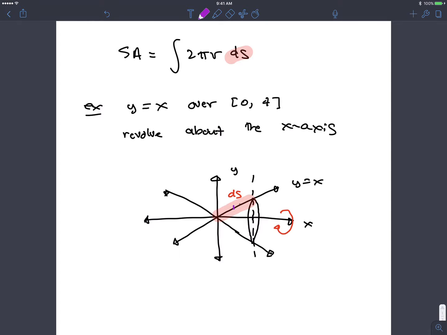This whole distance is s, but what I'm going to need is a ds. So if I erase that portion, we need that little ds there. That's the ds they're talking about. So I'll put it back. That whole thing was actually s. Here's my increment of the arc length, really.